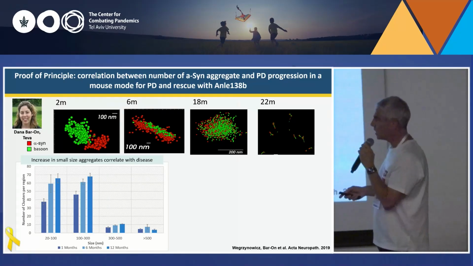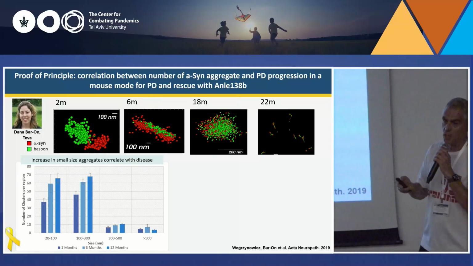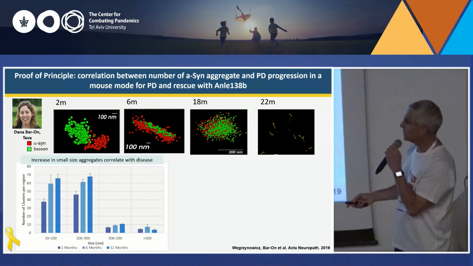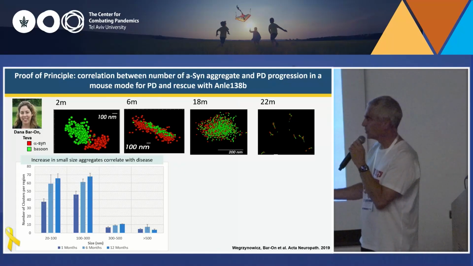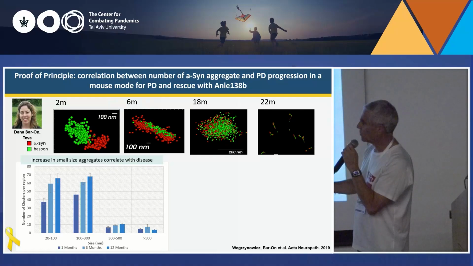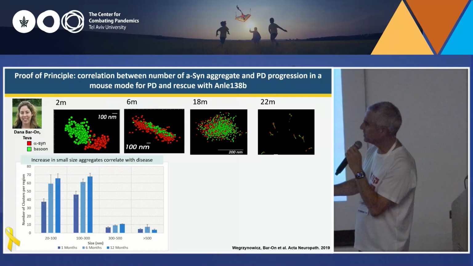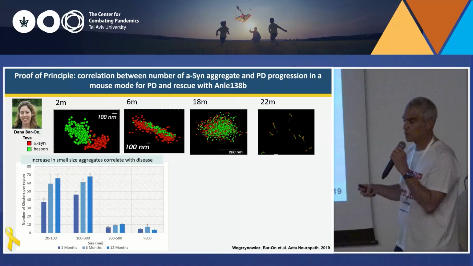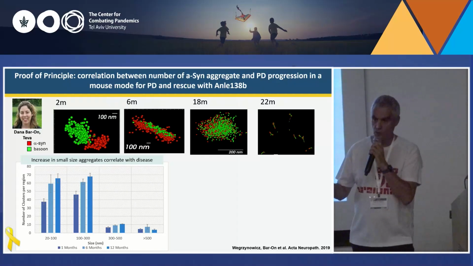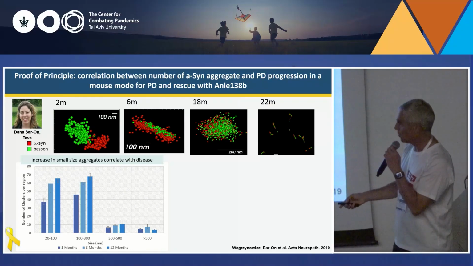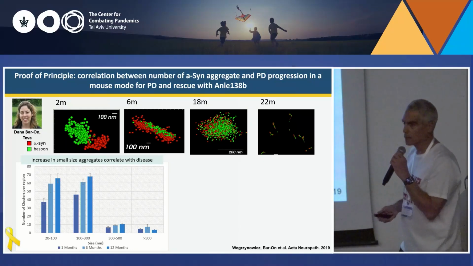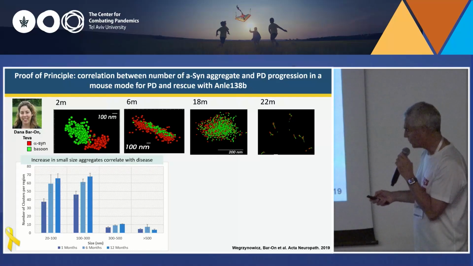What we found, if we quantify the changes as the disease progresses, is that when the disease starts, there are fewer aggregates, and when the disease progresses at the age of 6 and 12 months, there are more small clusters. These are clusters that cannot be detected with confocal microscopy, since all of them are below 300 nanometers. Roughly 250 would be the limit of detection in confocal microscopy.